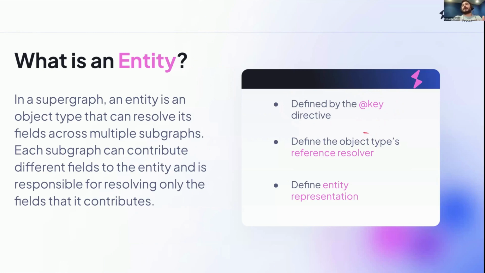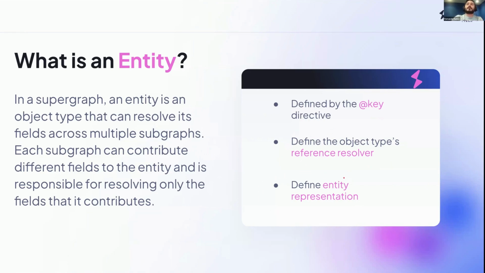And also there are two ways to handle the entities in the subgraph. One is for those subgraphs that resolve fields for the entity: they need to define a reference resolver so the subgraph can resolve those fields for the entity.